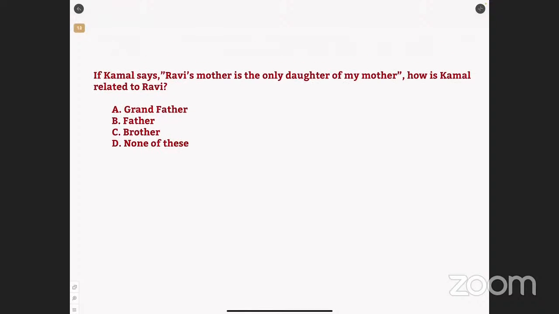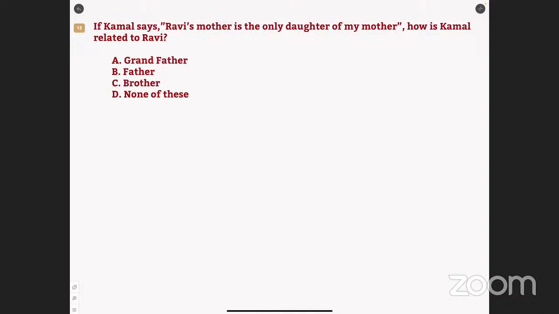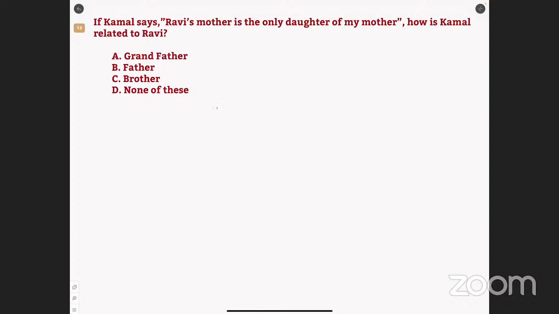Kamal's mother. Ravi's mother is the only daughter of my mother. Okay.